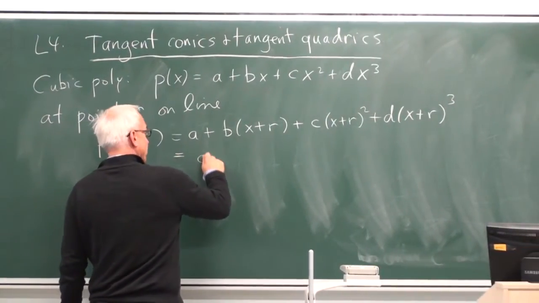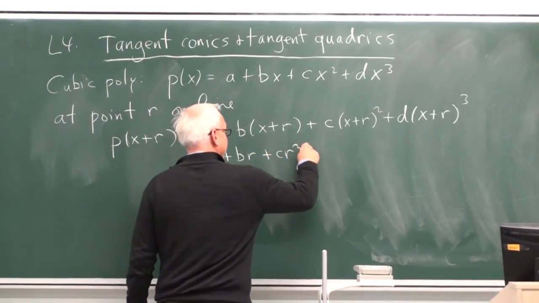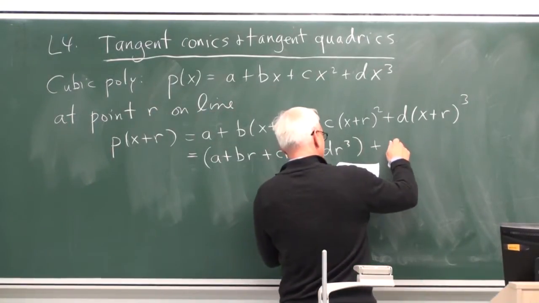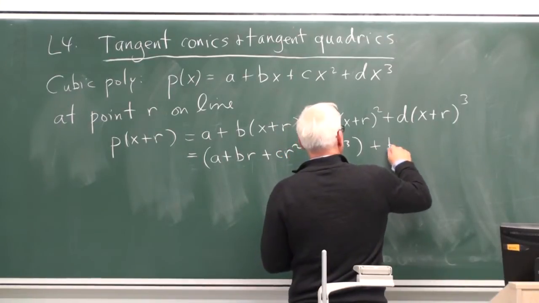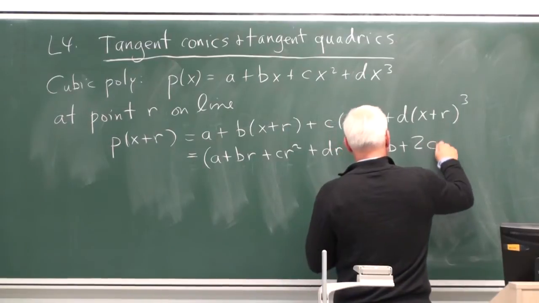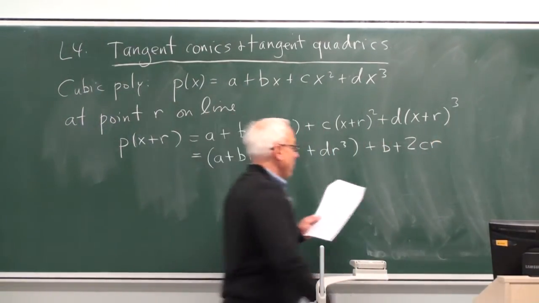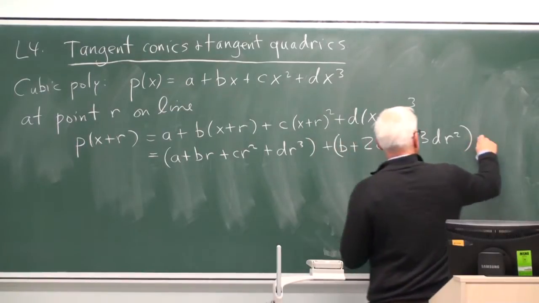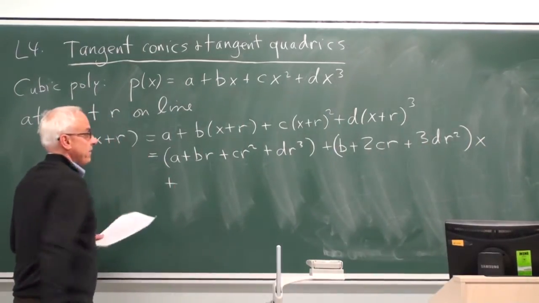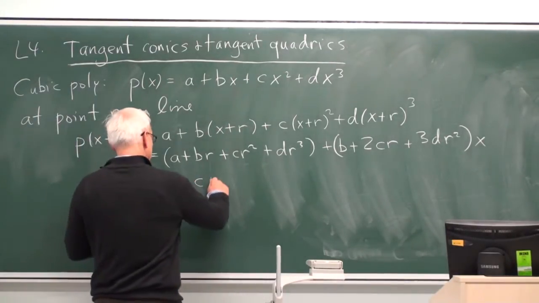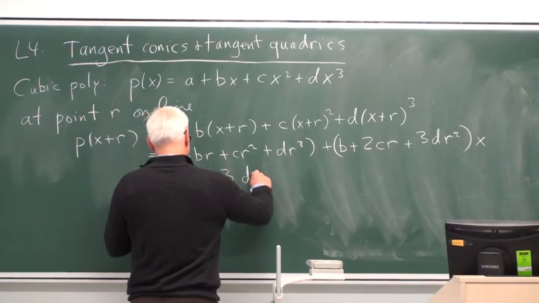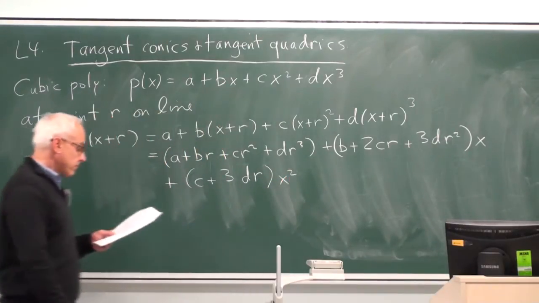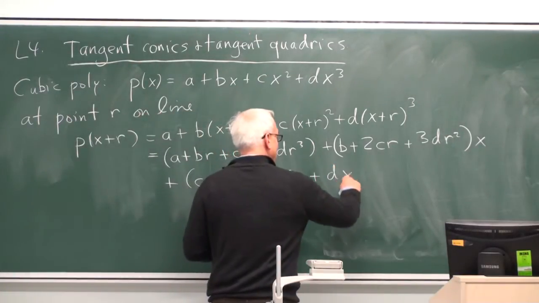And then we write that out in terms of the various powers of X. So there's the constant term, and then the stuff involving X will be B plus 2CR plus 3DR squared, times X. And the stuff involving X squared, there will be a C plus 3D times R, X squared, and the X cubed term is just DX cubed.